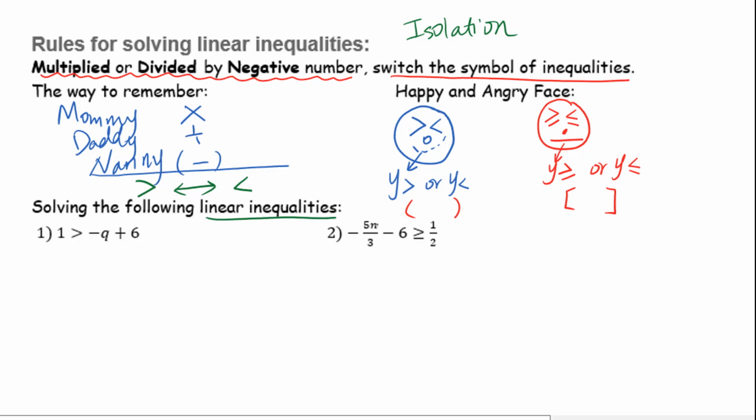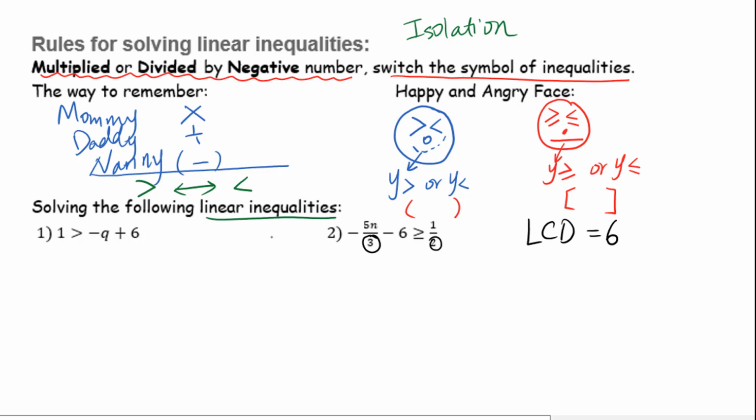Negative 5n over 3 minus 6 greater than or equal to 1 over 2. Since this linear inequality involves a fraction, we need to get rid of the denominator first. So we find the LCD equals 6.